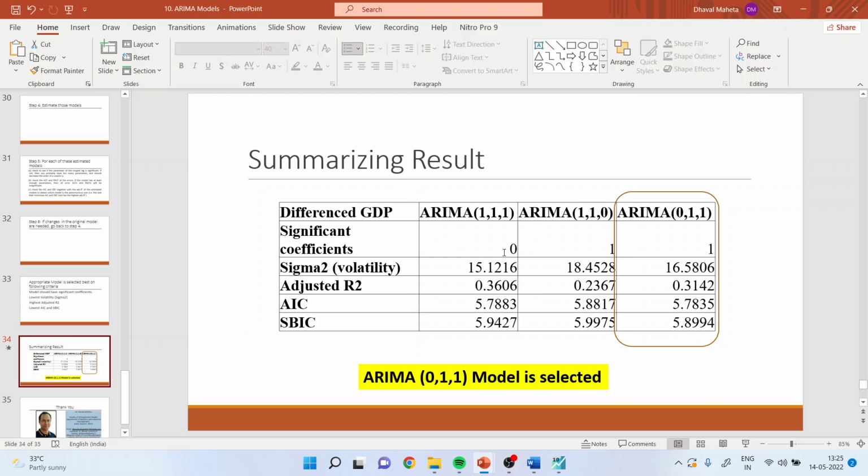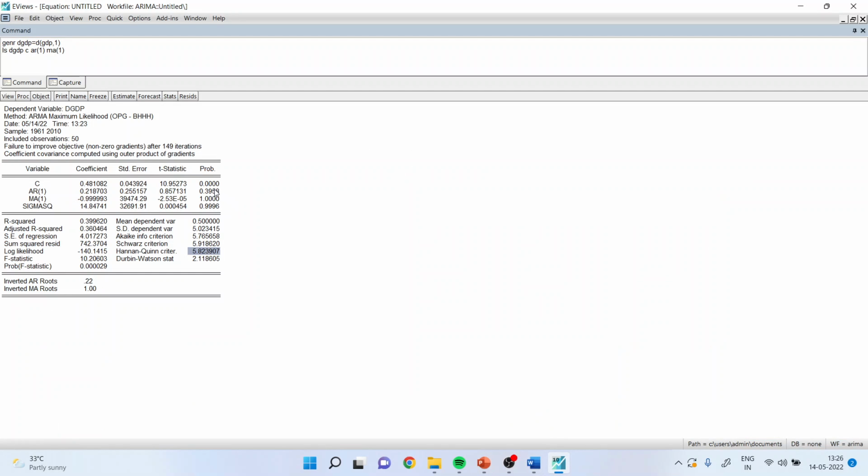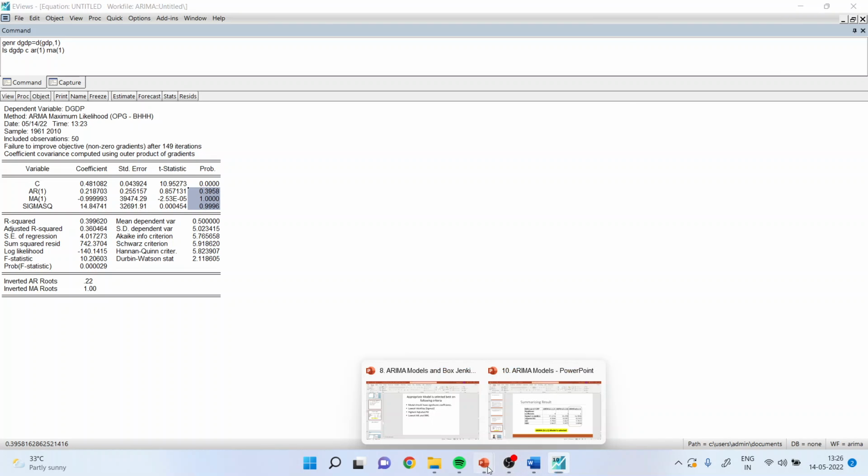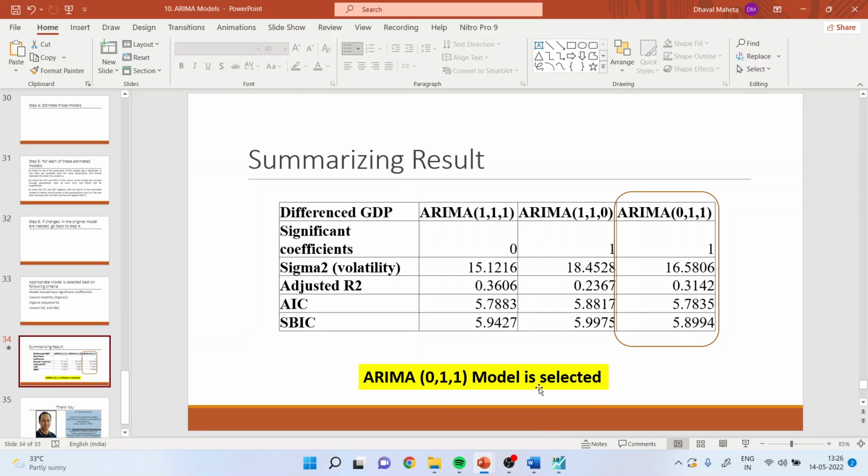So, significant coefficients: there are no significant coefficients, so all of them are 0. You can see here each and every coefficient's p-value is more than 0.05, and therefore they are not contributing, and therefore it is 0. Okay, next thing which I have listed down is sigma square.